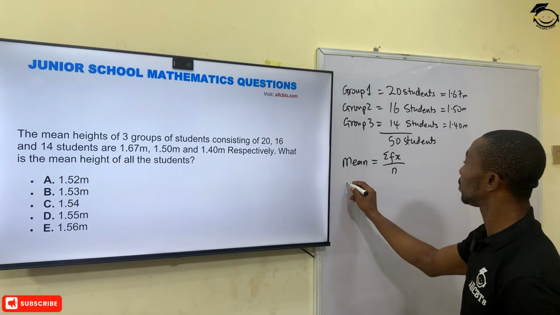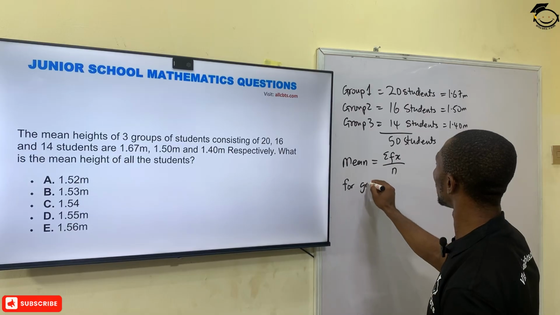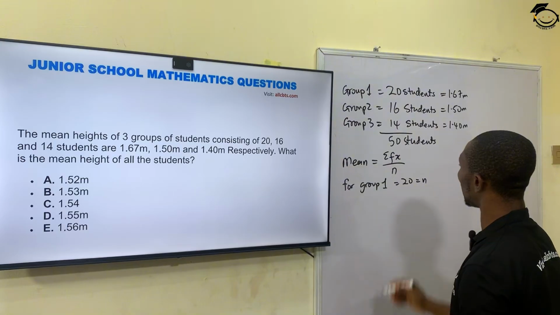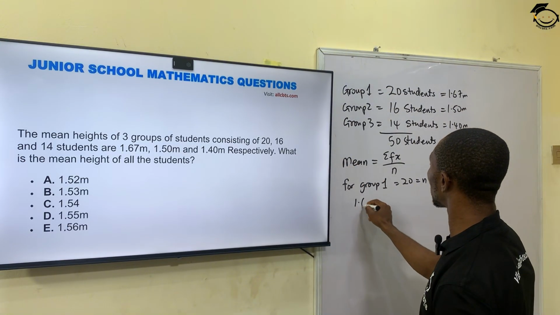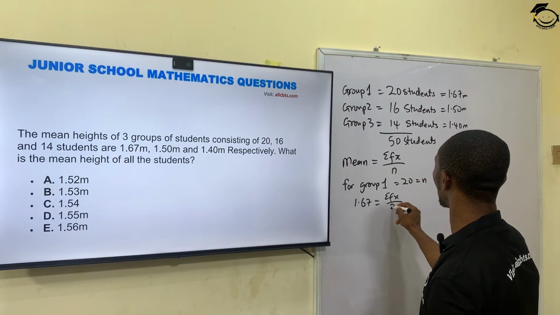Now, for group 1, we have 20 students, that is our n, and we have the mean to be 1.67. So 1.67 equals Efx over 20.